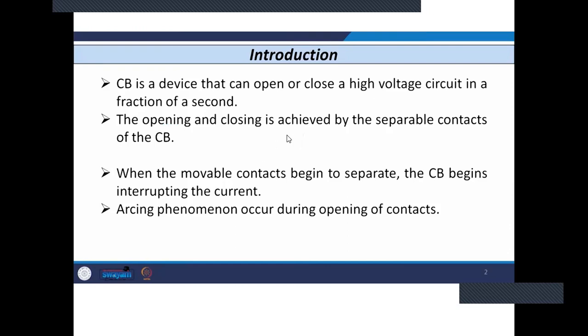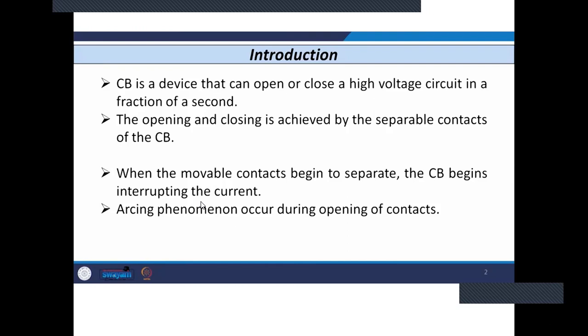When the movable contact begins to separate, the circuit breaker begins interrupting the current. In this way it interrupts the current by moving the movable contact. Arcing phenomena occur, as I have already told you, and they are very dangerous and should be avoided. So let's discuss how to avoid this arcing phenomenon.